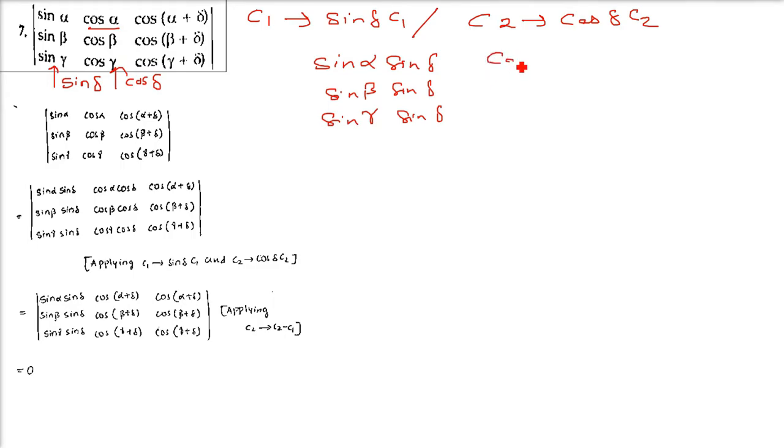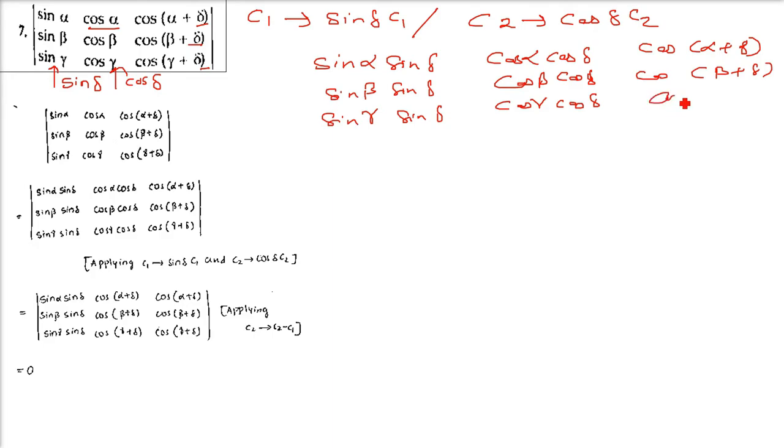It is cos alpha cos eta, cos beta cos eta, cos gamma cos eta, right? Now we already have cos(alpha plus eta), beta plus eta, and gamma plus eta. Why did we multiply with sin eta and cos eta? Because we already see that there is an eta in the third column, right?